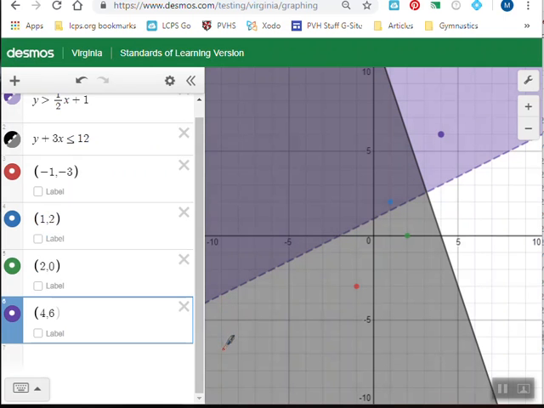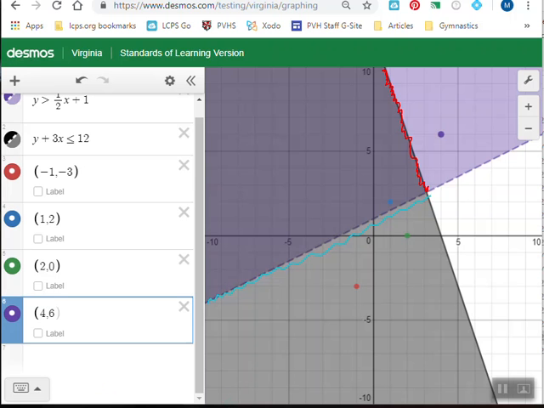Now, I want to point out one more thing. Any points on this section of this solid black line would also be solutions because they are on the solid line next to the double shaded area. But the points on this dashed line are not solutions because they are on a dashed line.